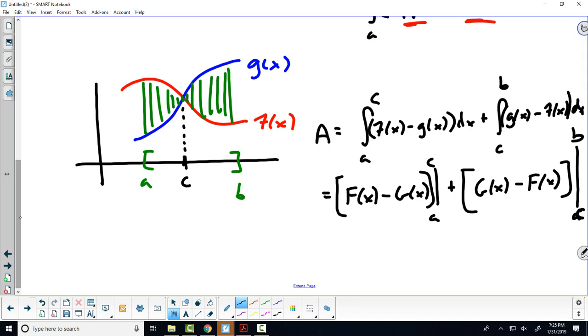For instance, you're computing G of C and F of C twice. But those two middle quantities cancel each other out. Anyway, I'll let you explore how that works.